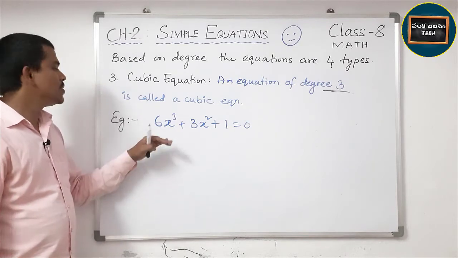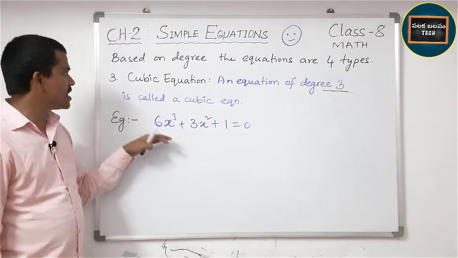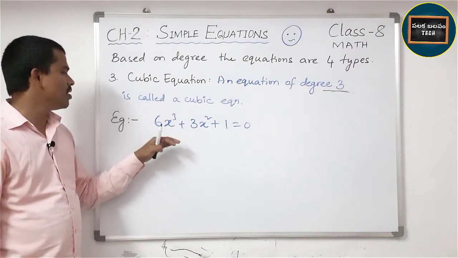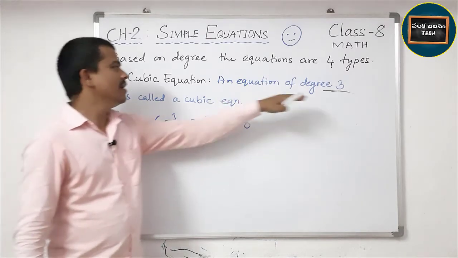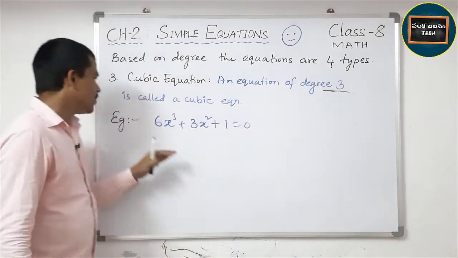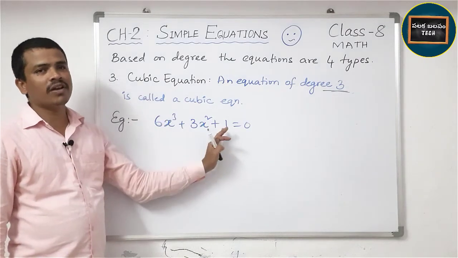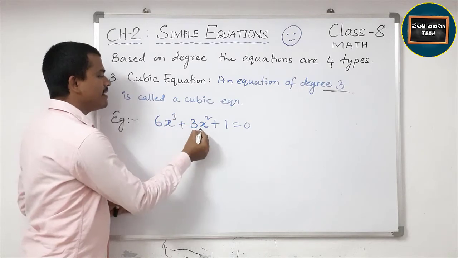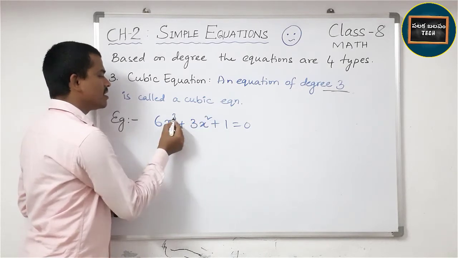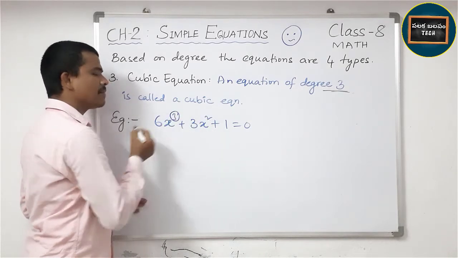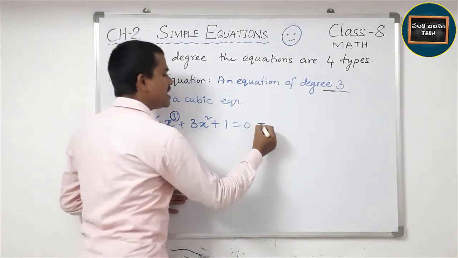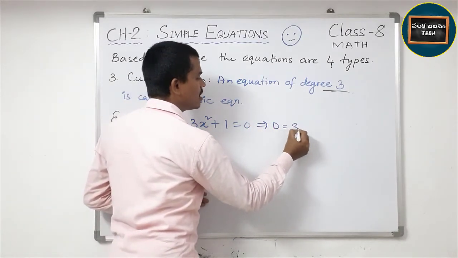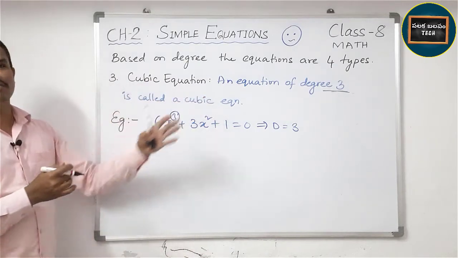To check that, first we have to find the degree of the equation. The degree is nothing but the highest power of the variable. Here the variable is x, the power is 3. Here the variable is x, the power is 2. So of the powers 3 and 2, 3 is the greater power. So the degree of this equation becomes 3. So we can call it a cubic equation.